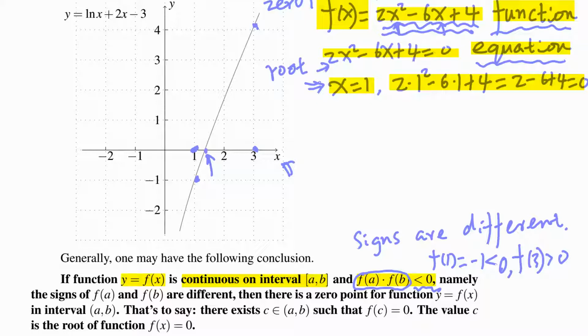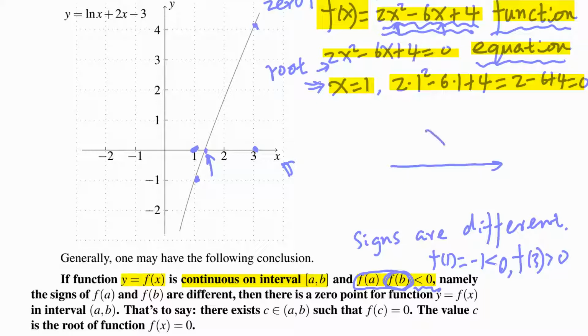Okay. There are cases where f of a might be greater than 0 and f of b might be less than 0.